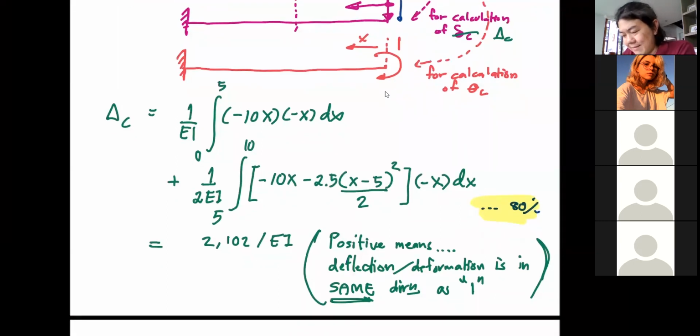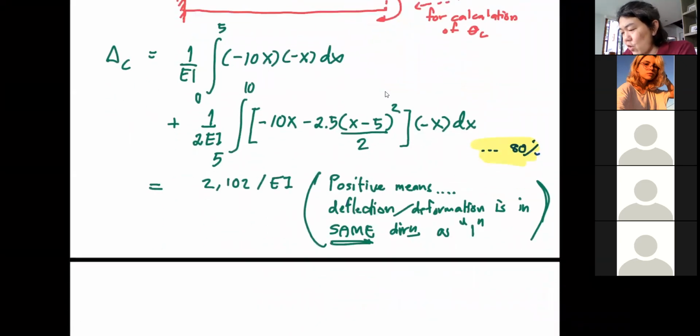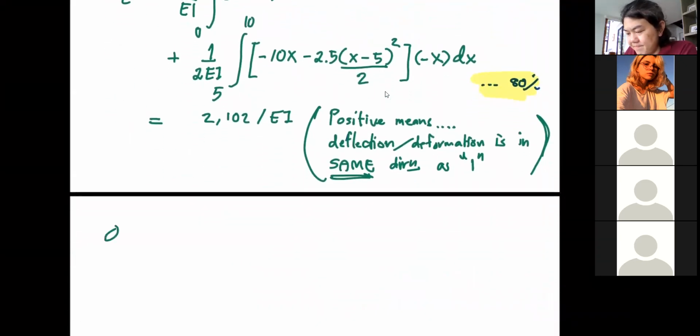Okay, so that's that. Now let's try to finish our job on delta C. It's going similarly. We have the first portion, the integral of 1 over EI. The range is from 0 to 5. The actual load remains the same, right? Minus 10x.